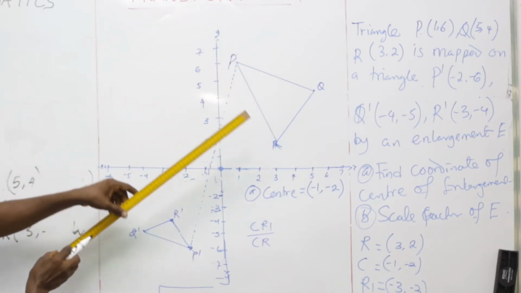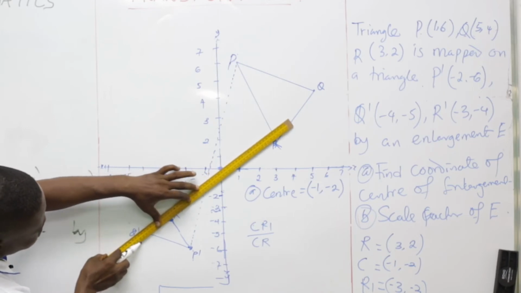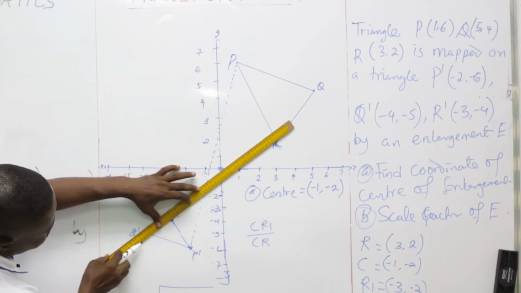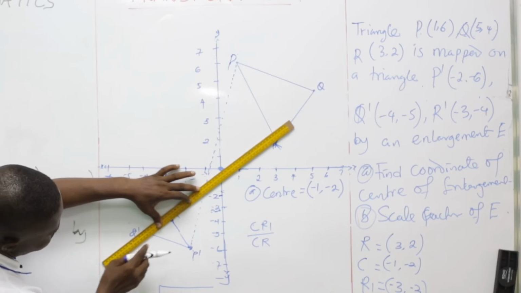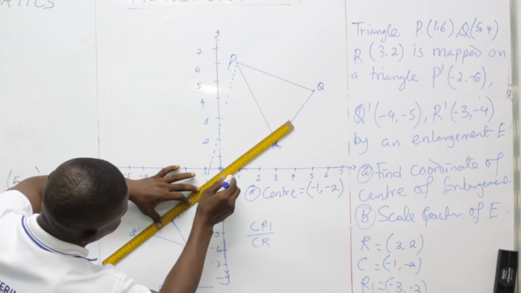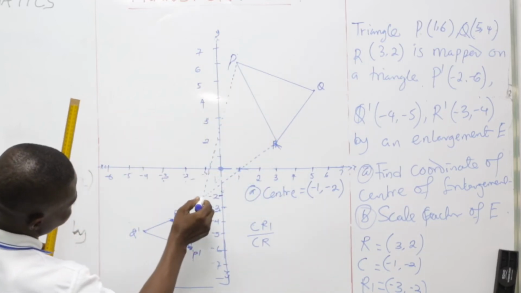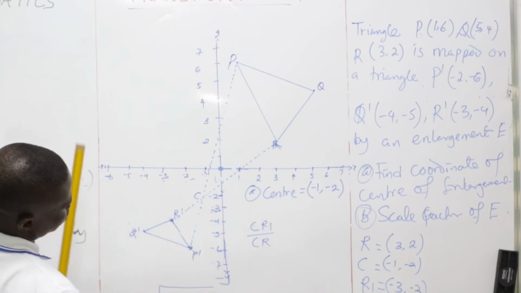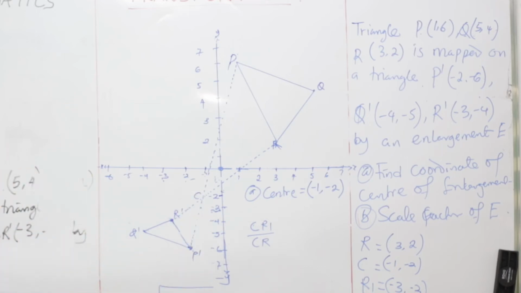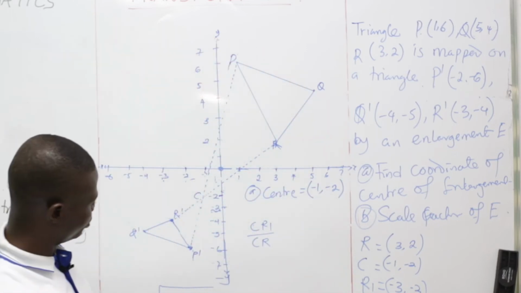Then R prime against R. Center of enlargement, C. This is the center of the enlargement for this question.